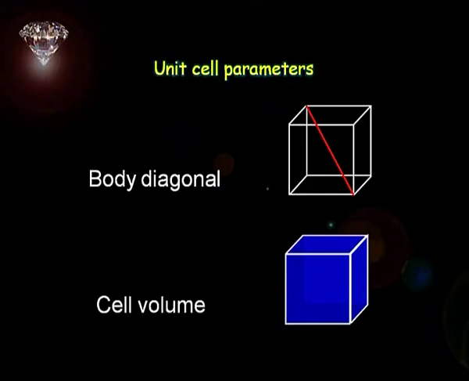So there are 4 things which we will be using very often when we talk about the packing fractions or density and many more things thereafter. Having talked about cubic unit cells in terms of their appearance and the cell parameters, let us now talk about the atomic packing fraction of these cubic unit cells.